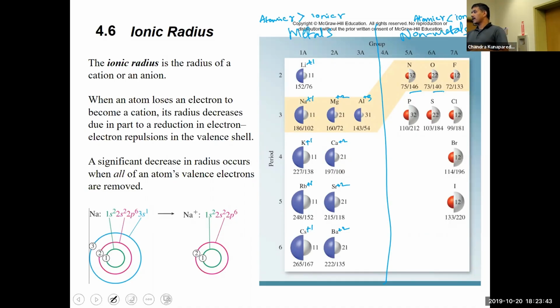Even fluorine has an atomic radius of 72, but an ionic radius of 133. See, it's getting larger because by adding that extra electron, you're creating more electron-electron repulsions. You can see the same trends happening from atomic radius to ionic radius: increase, increase, increase. So similar trends.